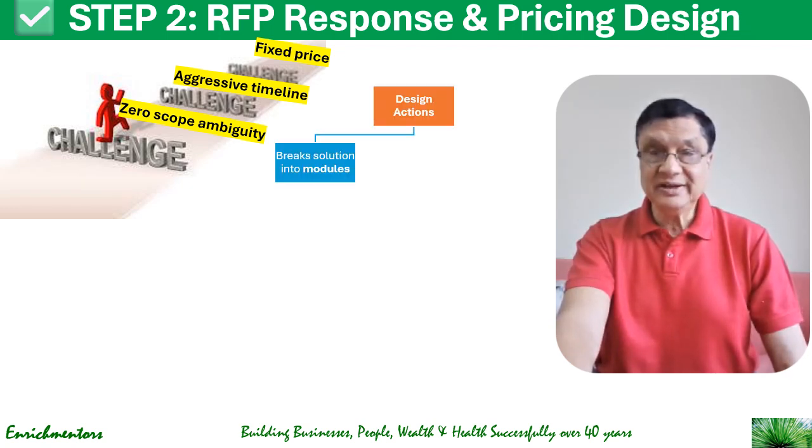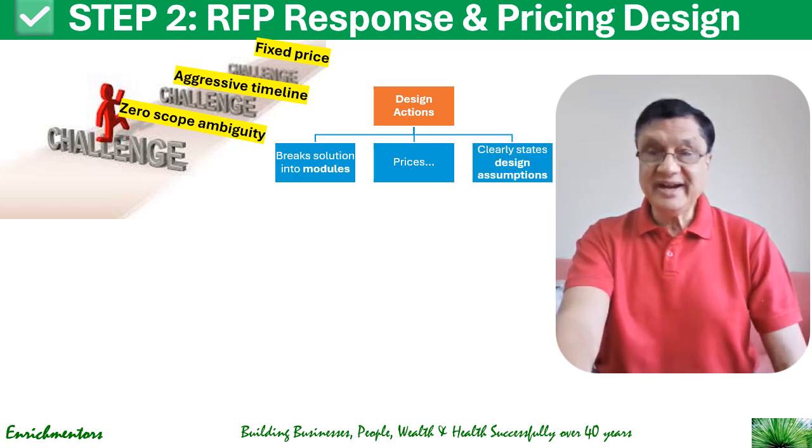She gave prices in terms of a core solution at a fixed price, enhancements in terms of options, and also clearly stated design assumptions so that scope ambiguity was not there.